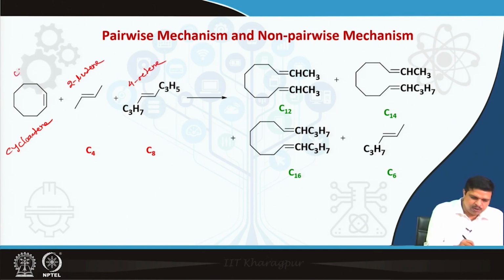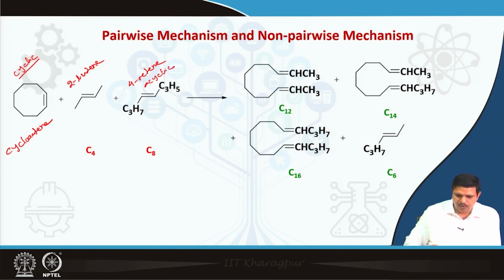This is cyclic and this is acyclic, with the same number of carbon atoms, a C8 cyclic alkene and C8 acyclic alkene. Now if you do the metathesis reaction, let's assume you take a ruthenium Grubbs catalyst.